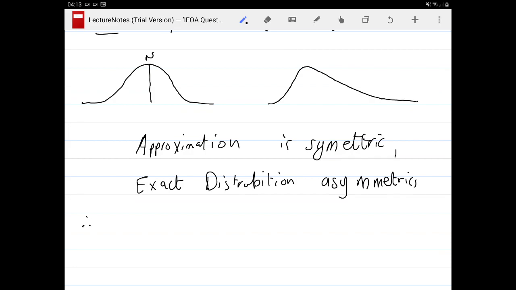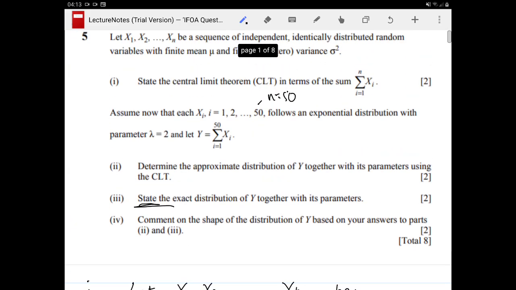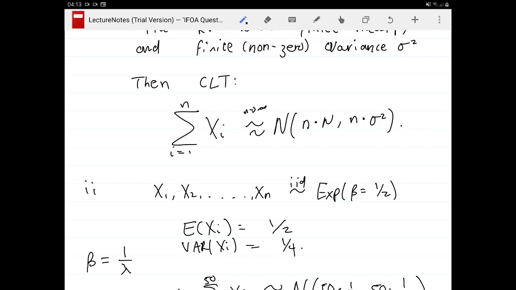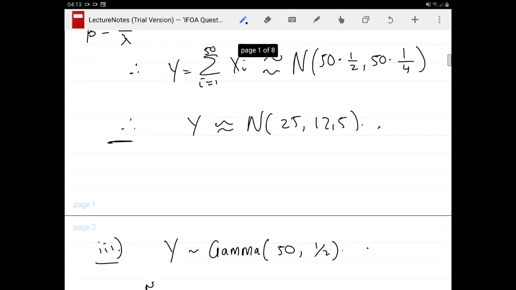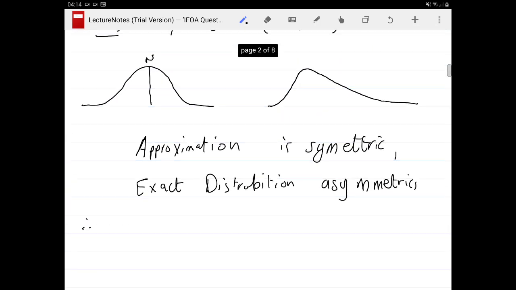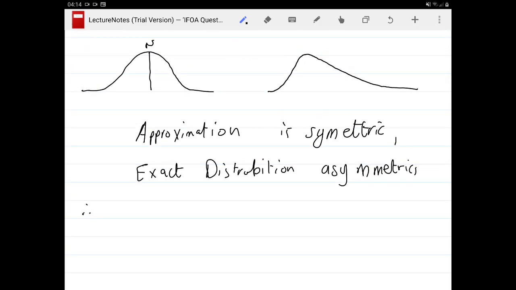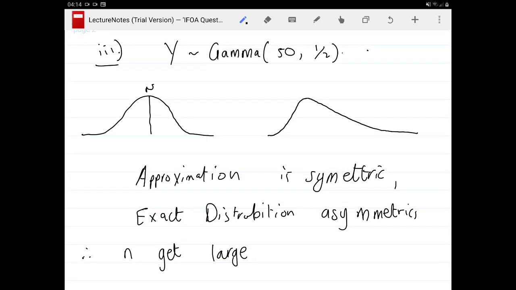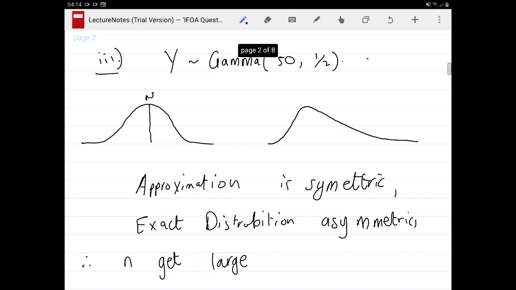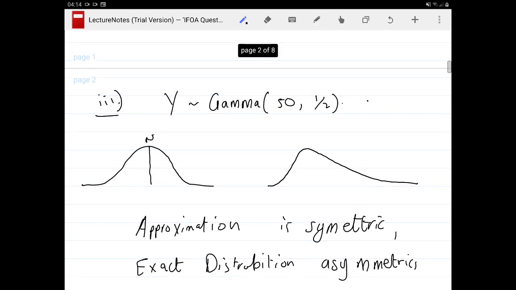But remember that the central limit theorem says that when we take a sum of independent random variables and our n goes to infinity, that will be a normal. So if we take an infinite sum, then we will have a normal distribution. So as our n gets large, remember our n value and our alpha value are equivalent in this case, because n is the number of exponentials we're taking, and when we sum up exponentials you get a gamma where alpha is equal to the number of summands, which is the n value.